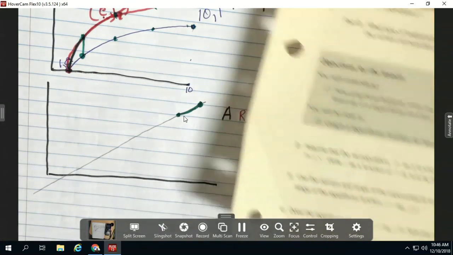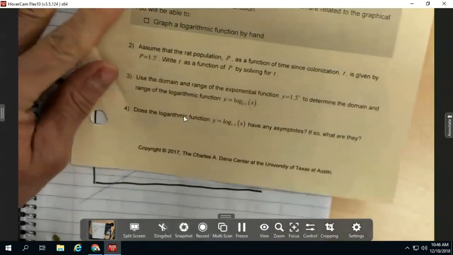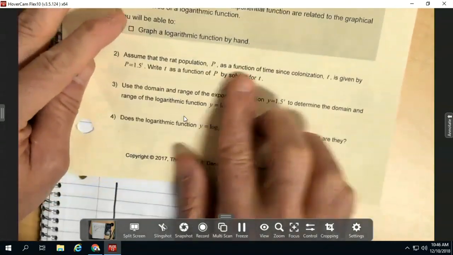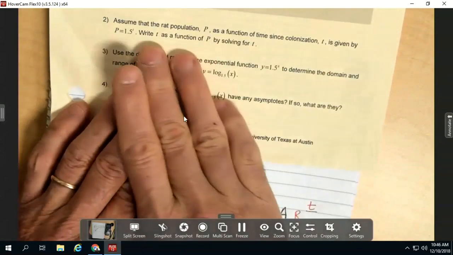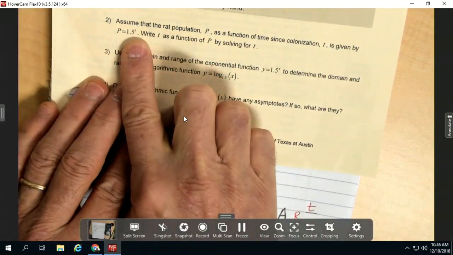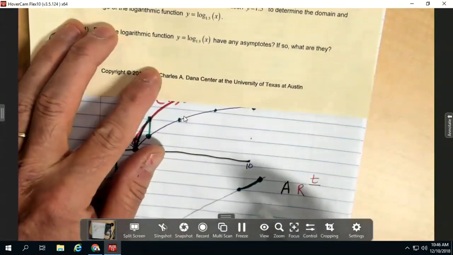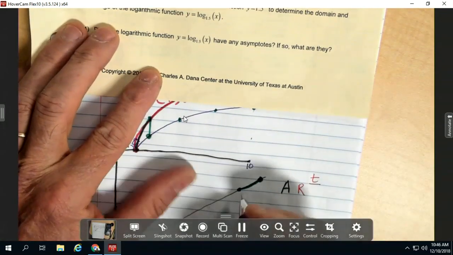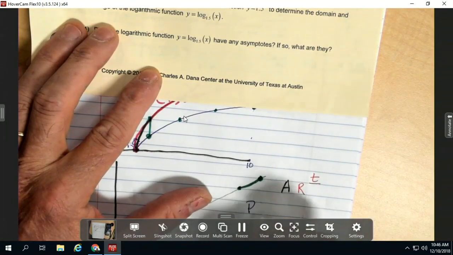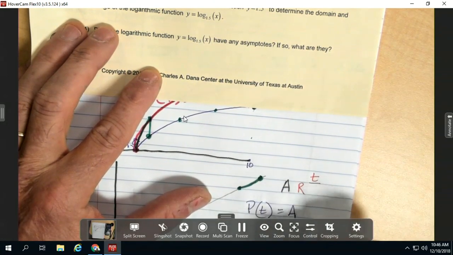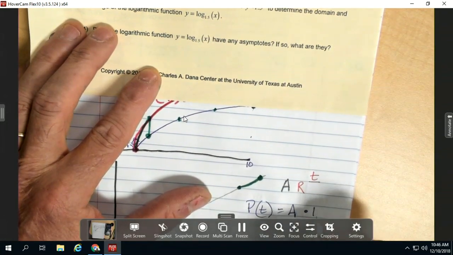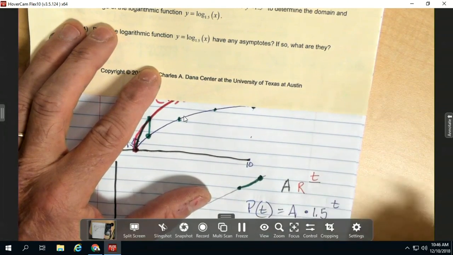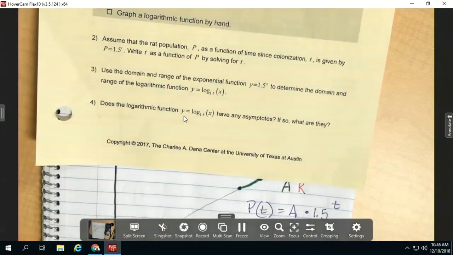Okay, now it says, assume the rat population P as a function of time is given by 1.5^t. Well, now we can write this, can't we? P as a function of time, population as a function of time, is a times 1.5 to the t.